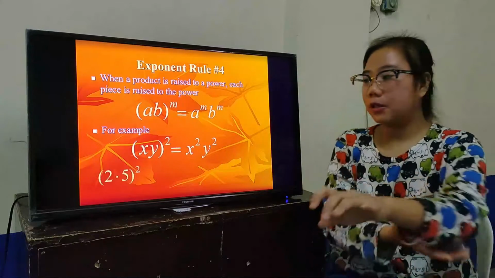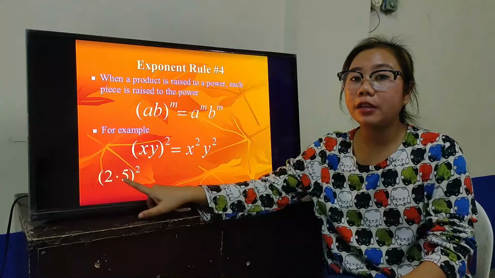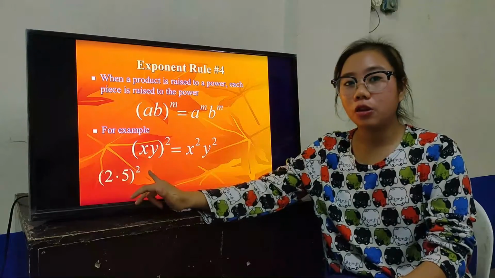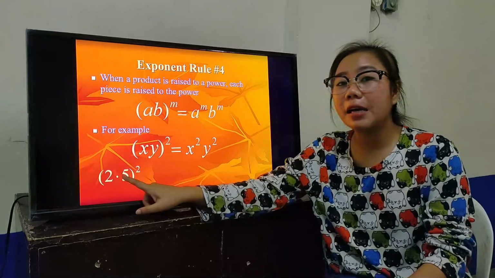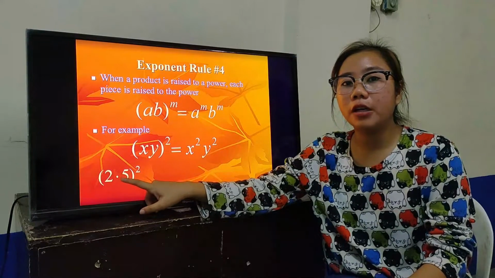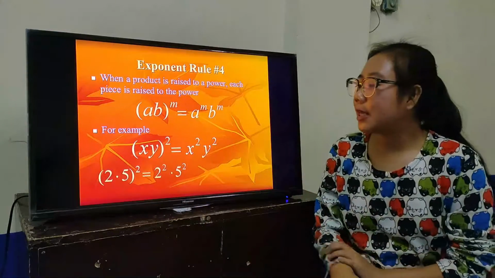Okay, another example. We have the quantity of 2 times 5 raised to the power of 2. How do we write this?